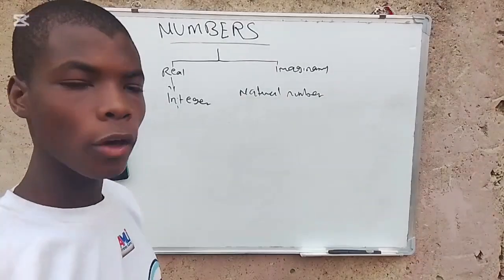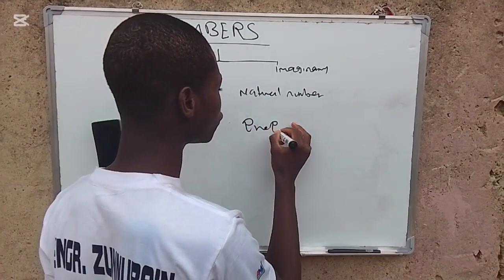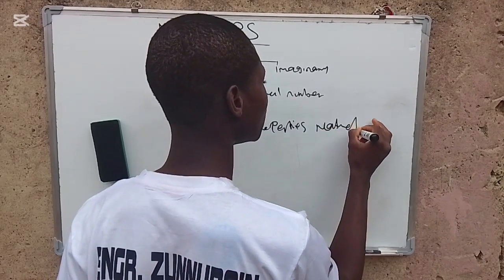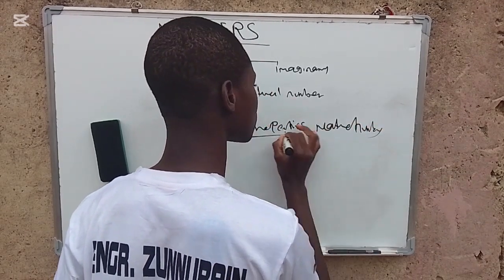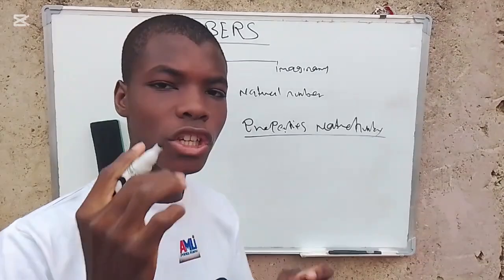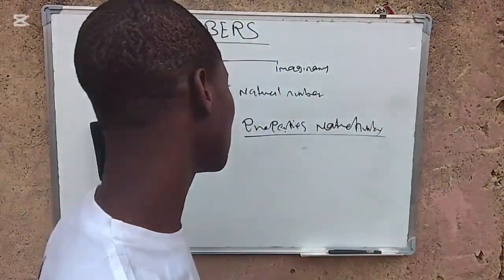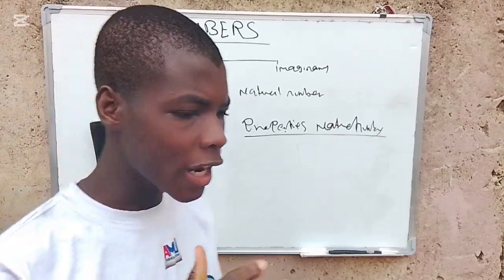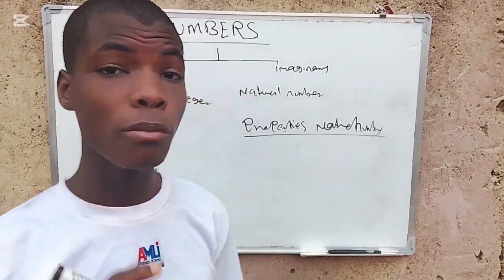So first, what are the properties of natural numbers? Suppose the first property that I want you to know is that addition and multiplication are commutative.